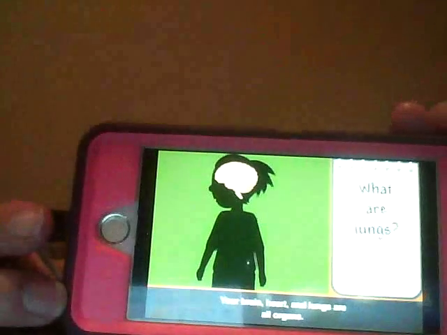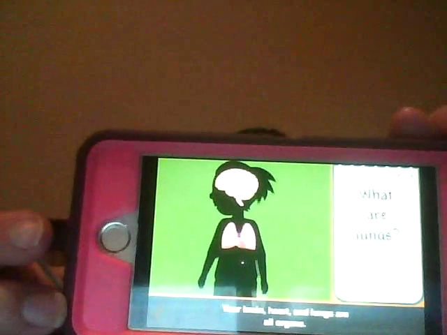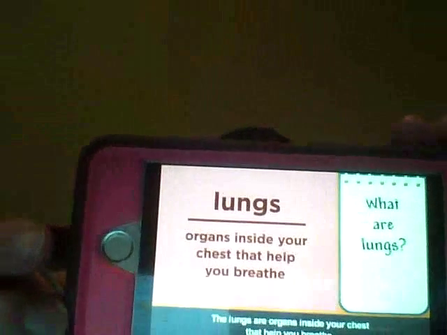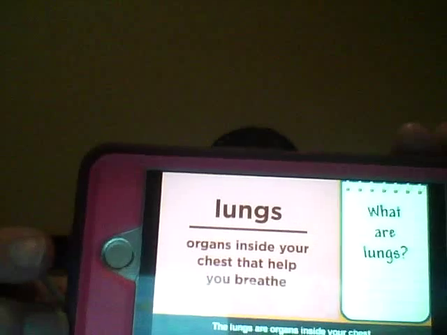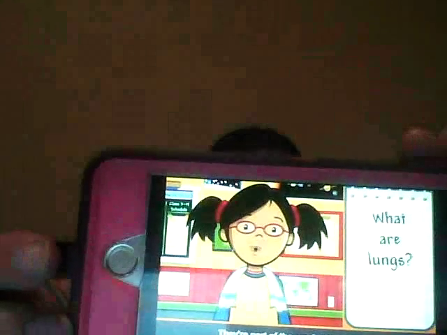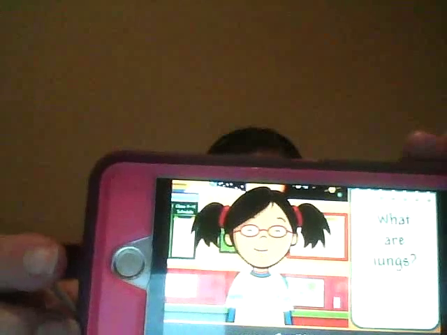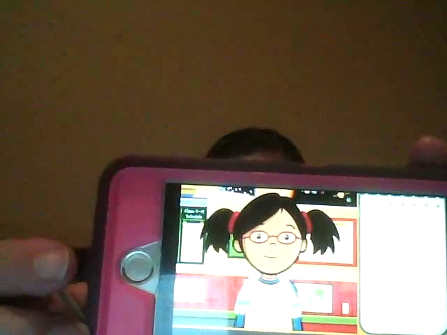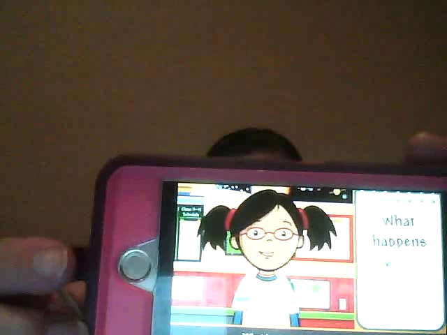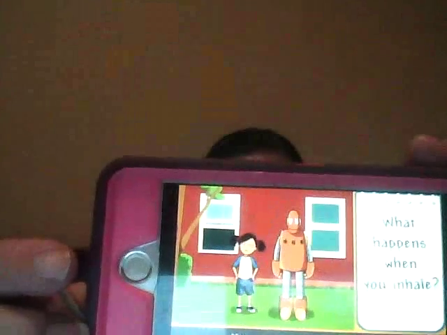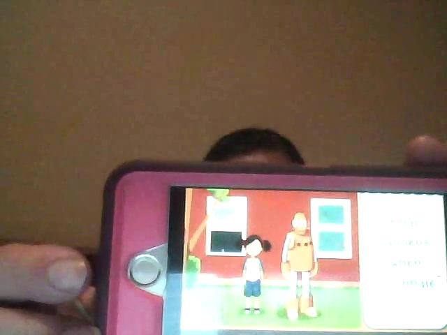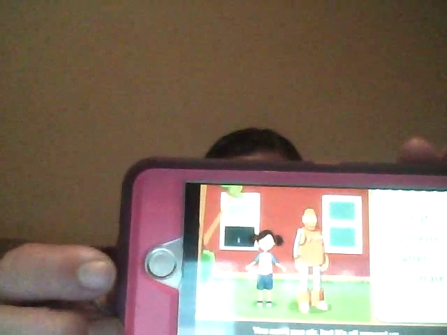Your brain, heart, and lungs are all organs. The lungs are organs inside your chest that help you breathe. They're part of the respiratory system, which is in charge of breathing. What happens when you inhale? You can't see air, but it's all around us. Air is made of different gases, including oxygen.